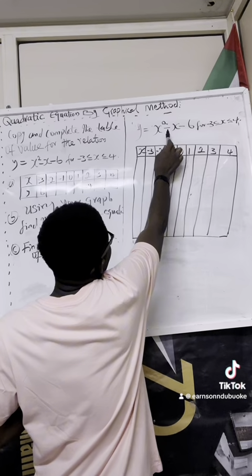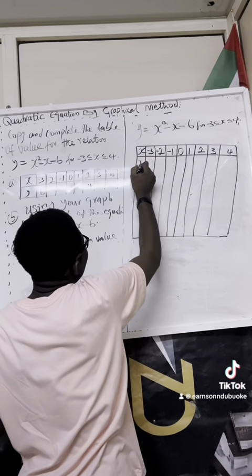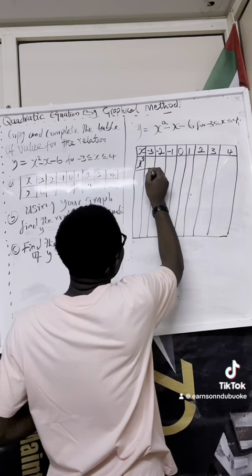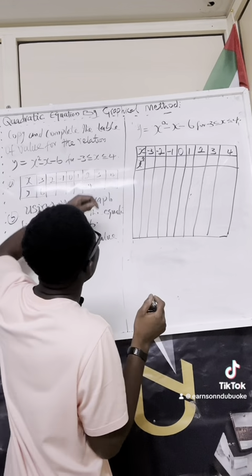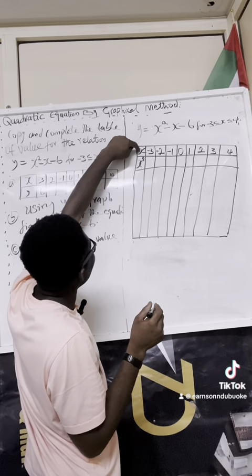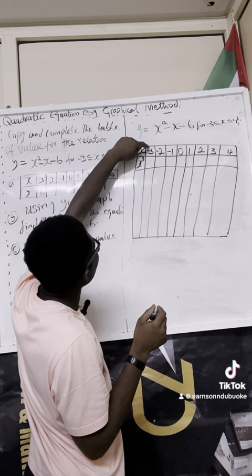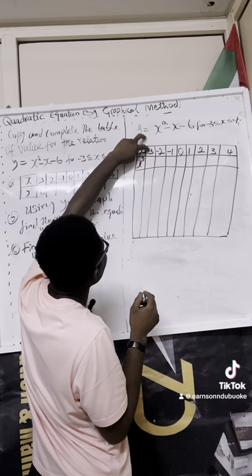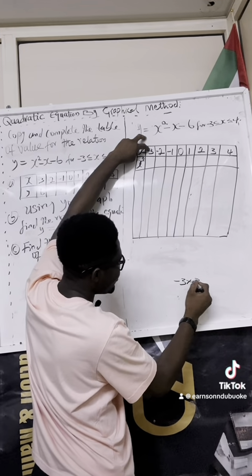The next thing you need to do is consider the question. So here now is x squared, so you write your x squared. The x squared means the value multiplied by itself. The value of x here is -3, so this -3 is going to multiply by itself, which is -3 times -3.